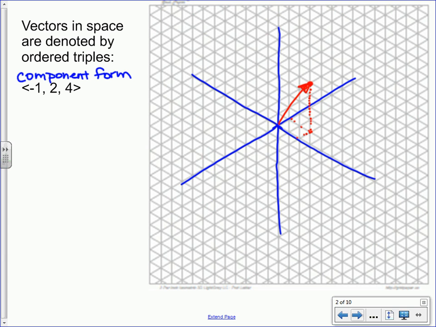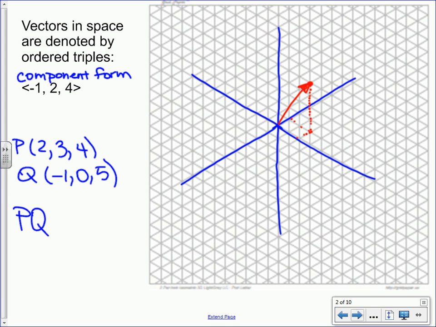What if we knew that we had the point P of 2, 3, 4 and the point Q of -1, 0, 5, what would the vector PQ be? How do we find vector PQ? Subtract. What do we subtract?